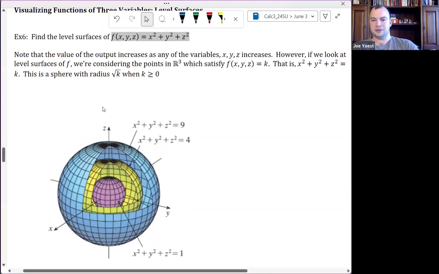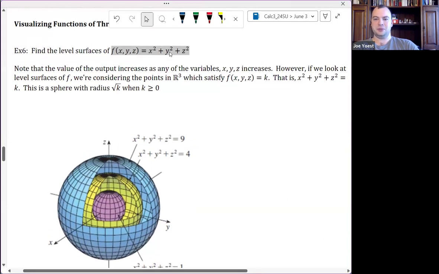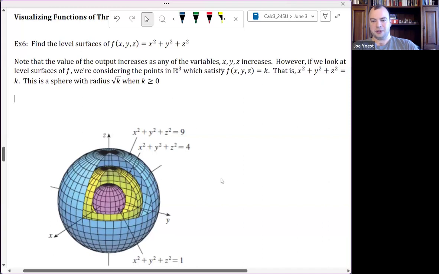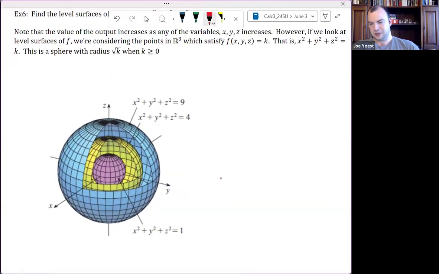So something like this, for instance, for the function x squared plus y squared plus z squared, my inputs are x, y, z, and my outputs could be, for instance, 1 or 4 or 9. So what would be the level surface? What would be the surface where all of the inputs on that surface give an output of 1?